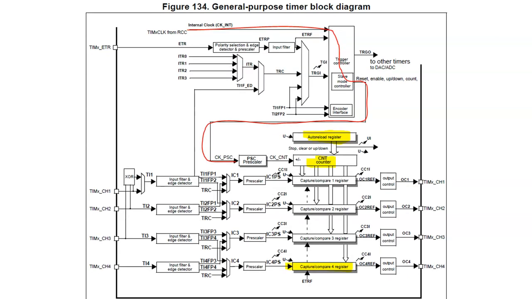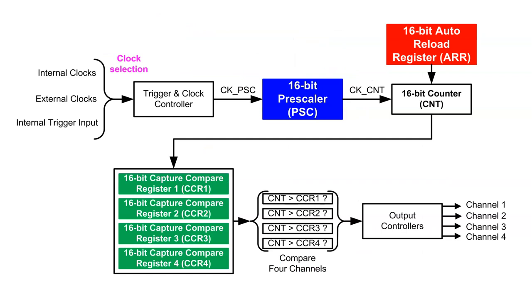Okay. All right. I'm going to focus mostly on, since we're talking mostly about output control or output capture in this particular case today, not input capture, let's focus just on the output side of things. So we have one of our clocks, internal clock and high-speed external clock, or an internal trigger of some sort, which comes to the trigger circuit.